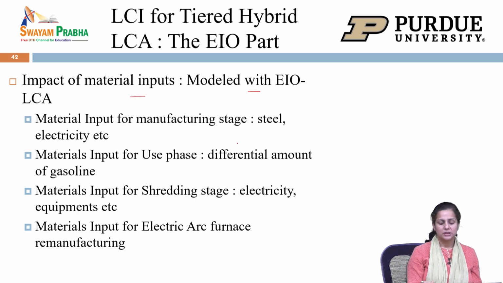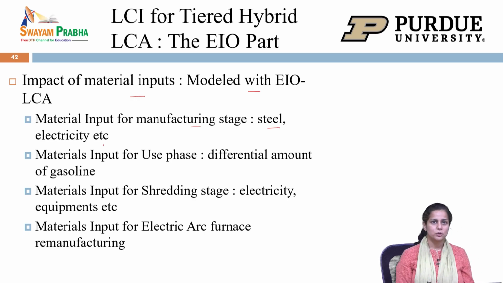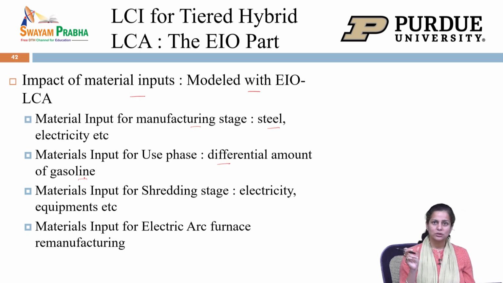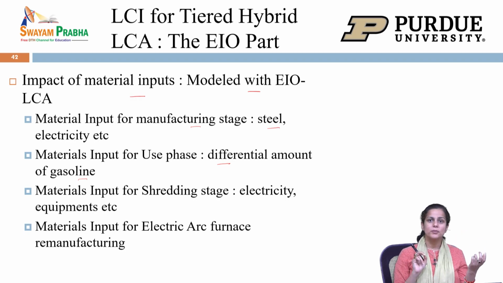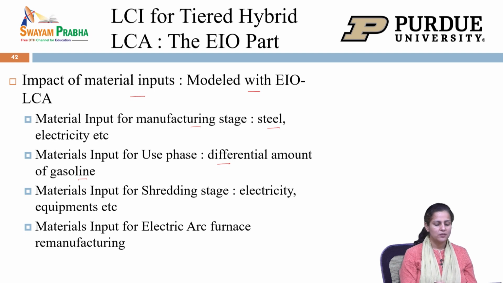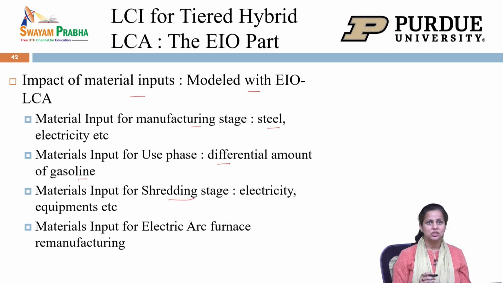So, for example, for the manufacturing stage we have steel and electricity, that was modeled as input output. Material input for use phase is the differential amount of gasoline. So, how much that differential amount of gasoline is also coming from the economy. So, that was also modeled as an input output LCA. Then we have materials input for the shredding stage.